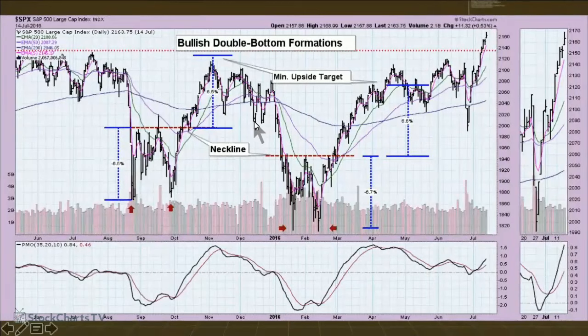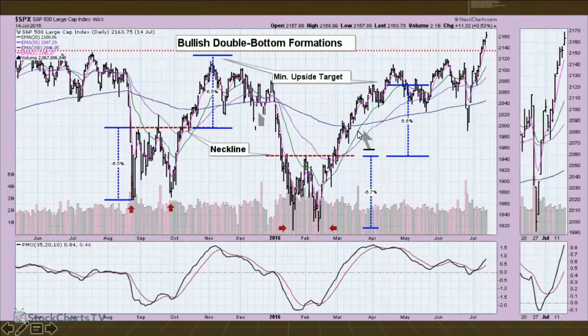Double bottom formations, the W's. I think this was the first one that I learned because it was so easy to spot. And you look for the two bottoms. These are reversal patterns, so you should expect them at the end of a downtrend.